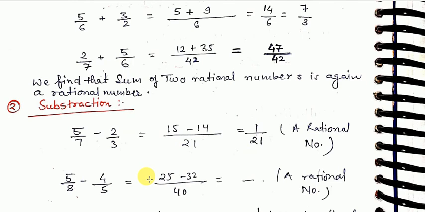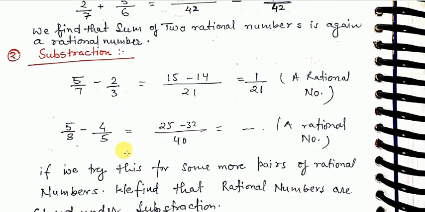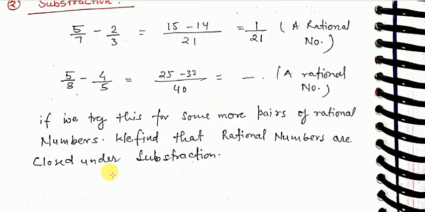Similarly, for subtraction operation, we will find that if we try this property for any pair of rational numbers, we will get the result as a rational number. So we can say that rational numbers are closed under subtraction.